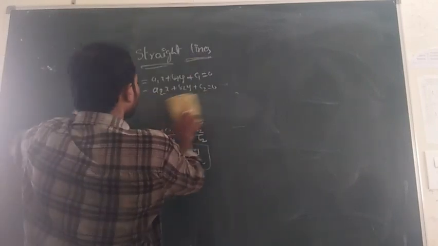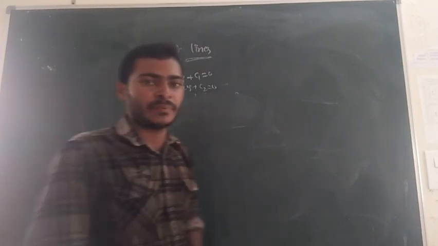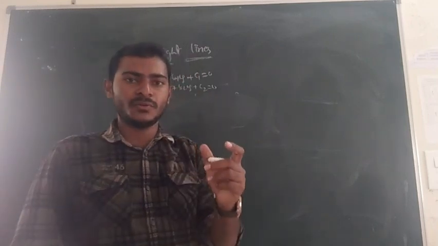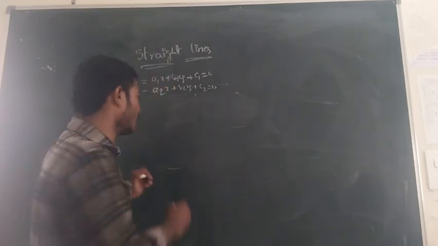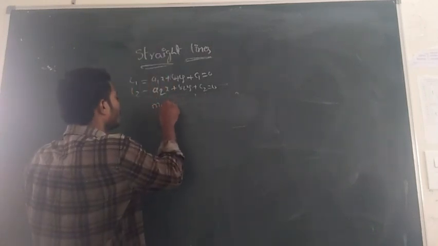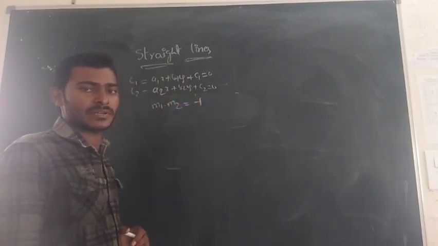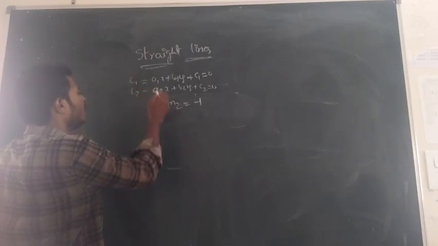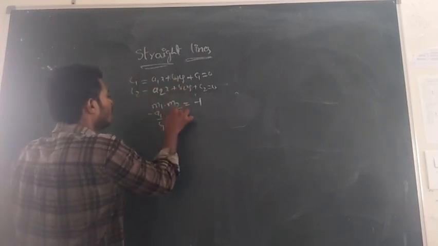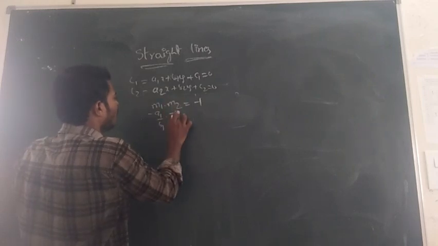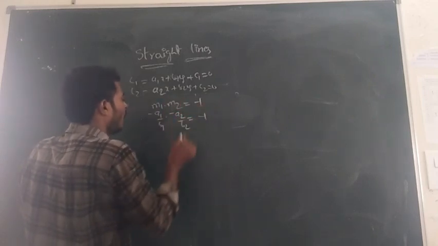Already in the previous class we discussed that if two lines are perpendicular, then the product of slopes is equal to -1. So here M1 is minus A1 by B1 and M2 is minus A2 by B2, and the product is equal to -1.